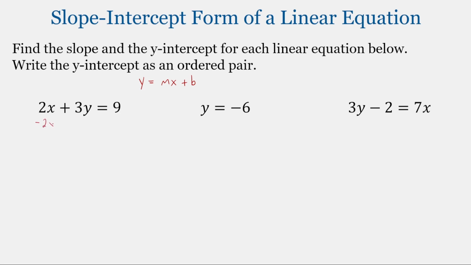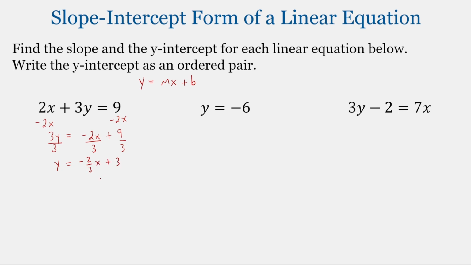So we'll subtract 2x first from both sides. Now we have 3y equal to -2x plus 9. And then we're going to divide both sides by 3. This gives us y equal to -2/3 x plus 3.